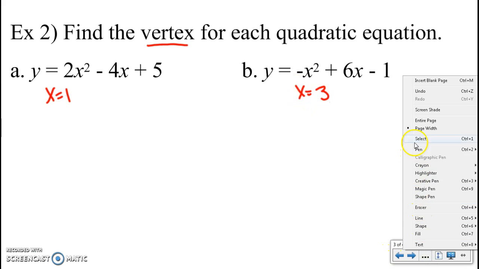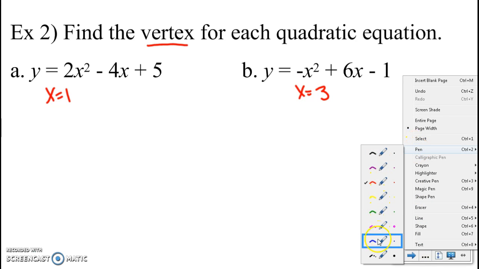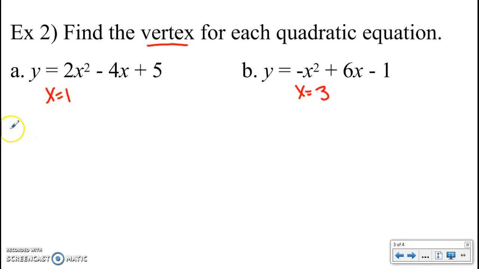To find the vertex, all we have to do is plug each of those values back into the equation. So we're going to do y equals 2 times 1 squared minus 4 times 1 plus 5. This part, you can type right in your calculator, you'll get the answer. I'm going to go ahead and show you a couple steps.